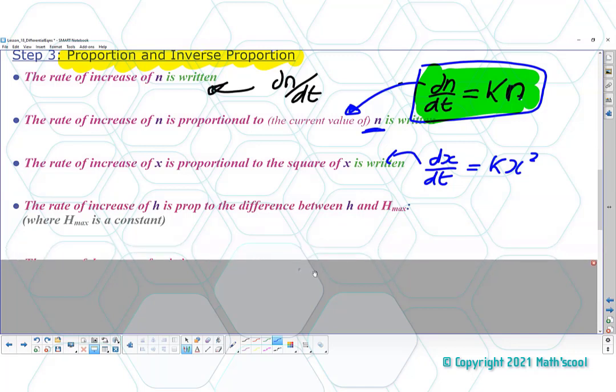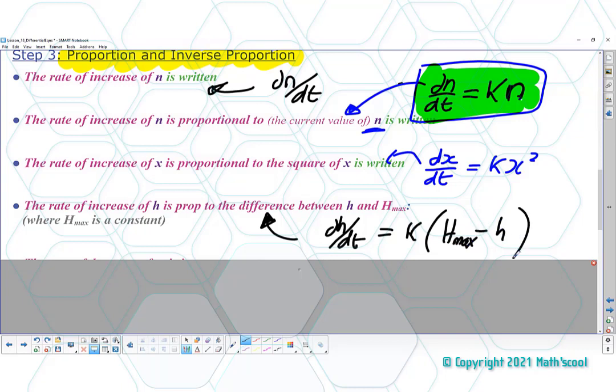The rate of increase of height is proportional to the difference between h and h max, where h max is a constant. dh by dt equals k times h max minus h.